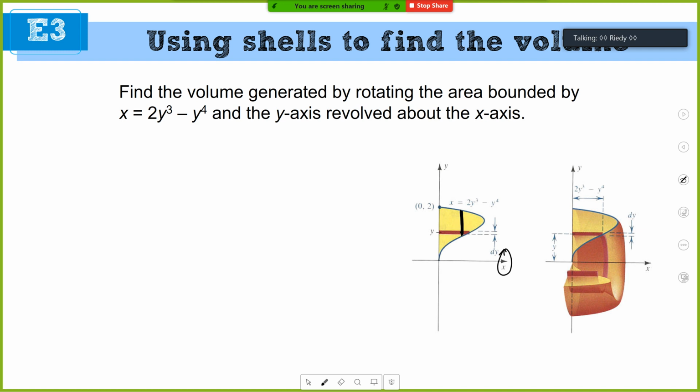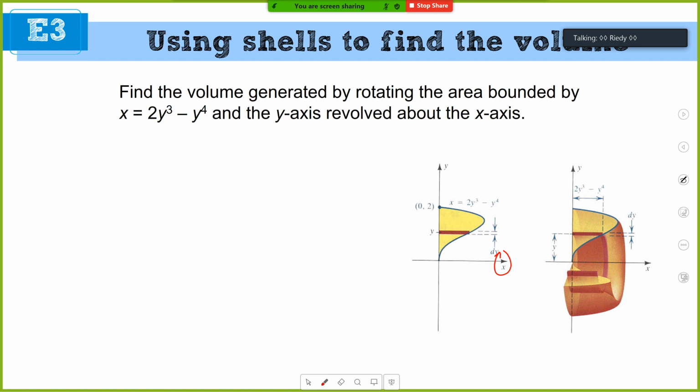A lot of times when your rectangle goes from the function to the same function, that's going to cause problems. And how else is this going to cause problems? Well, like I said before, I don't know how to solve that for y.